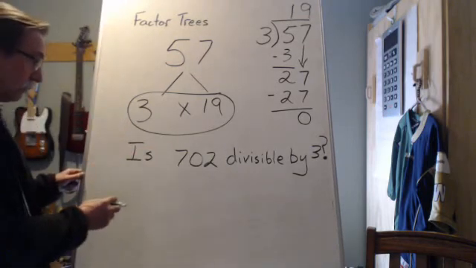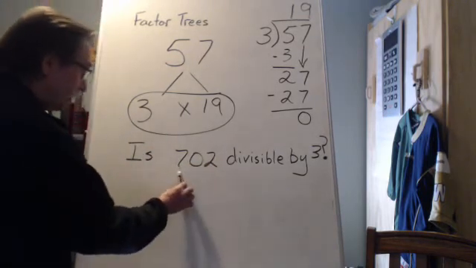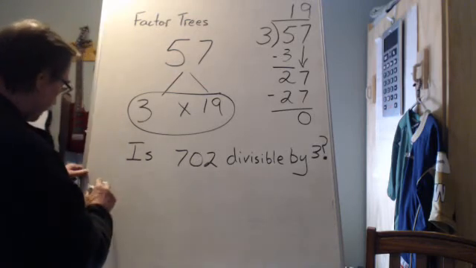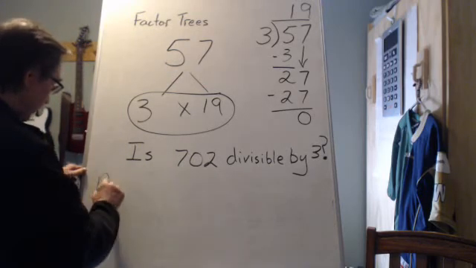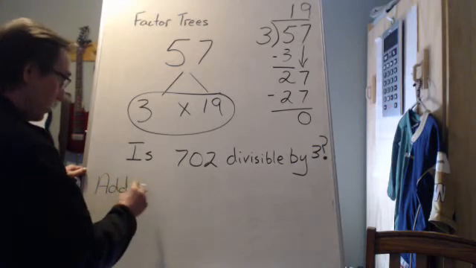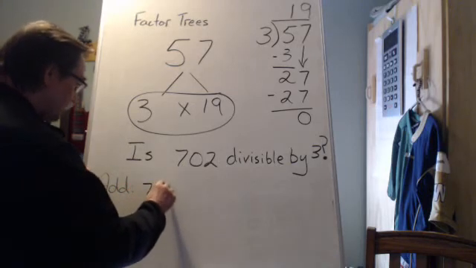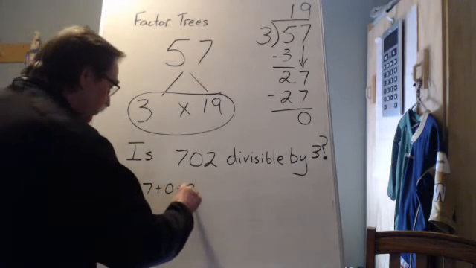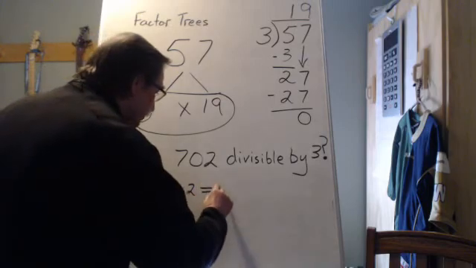Well, what do we do? We add the digits together. 7 plus 0 plus 2 equals 9.